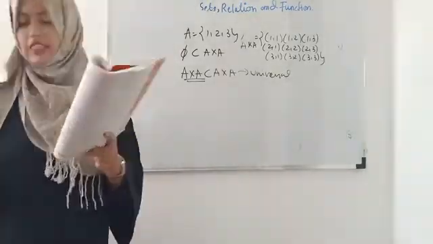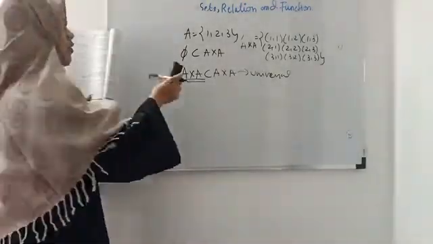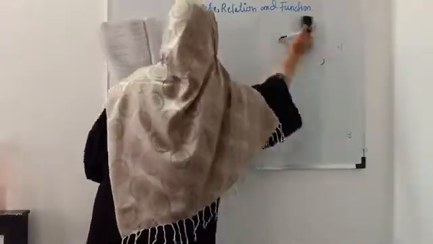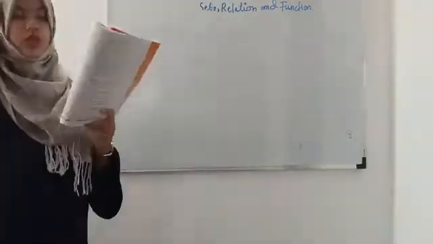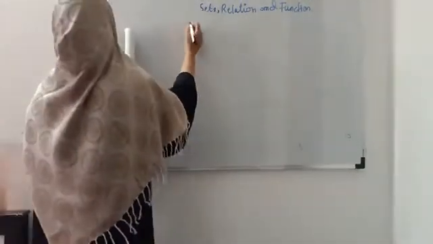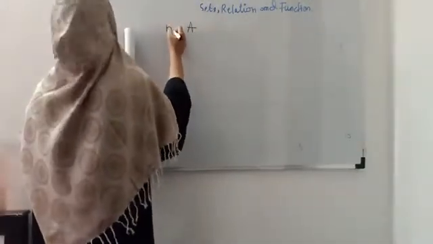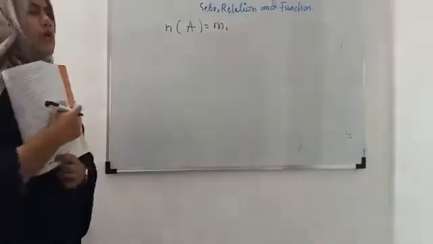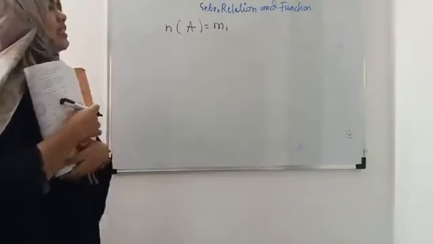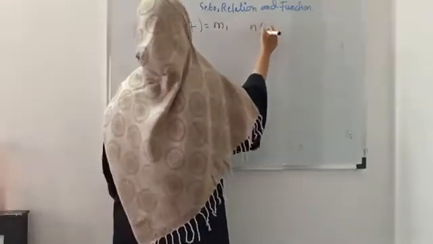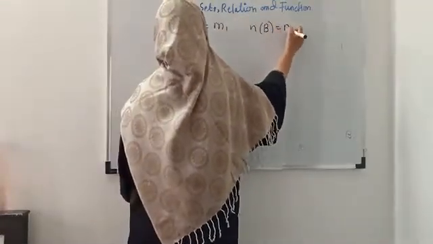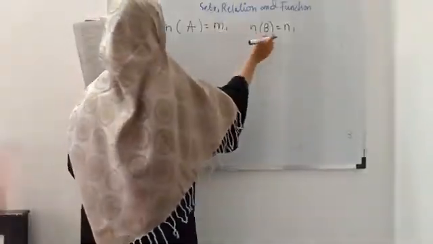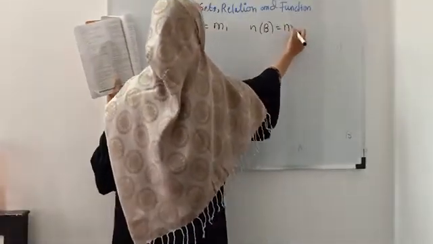Now the next is a note regarding cardinality. This is a very important note. Suppose you have set A whose cardinality is equal to M1. The number of elements in set A is M1 and the cardinality of set B is M2.